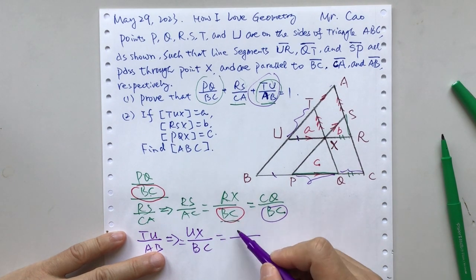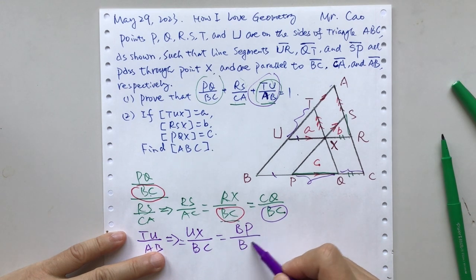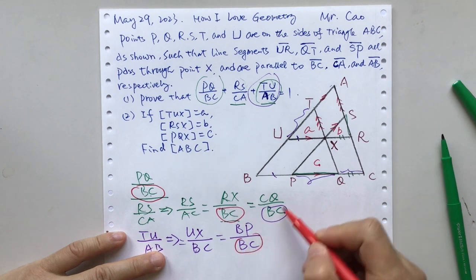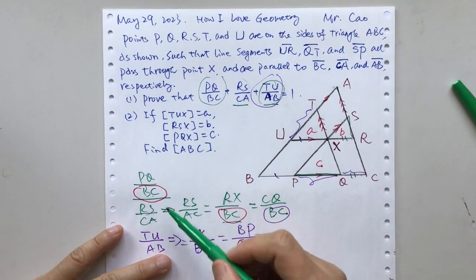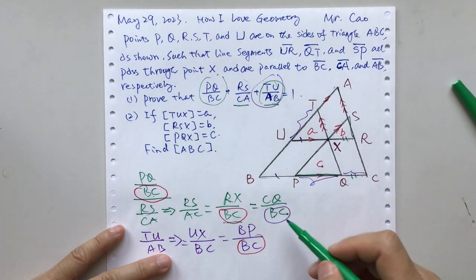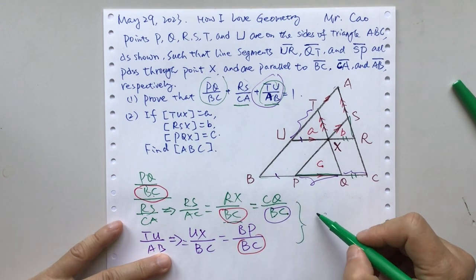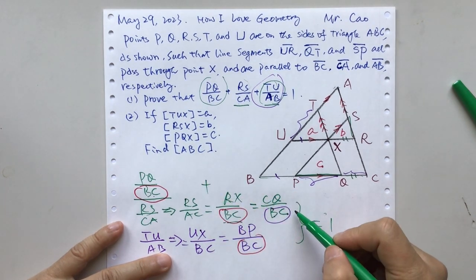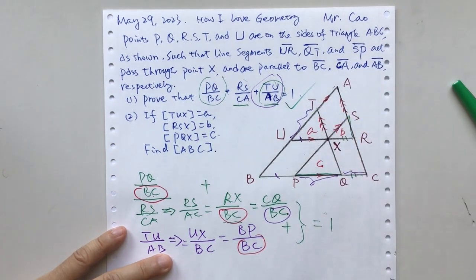So now all the fractions have the same denominator, and the sum of all the numerators, PQ, BP and CQ, together equals BC. So the sum equals 1. The first problem is solved.